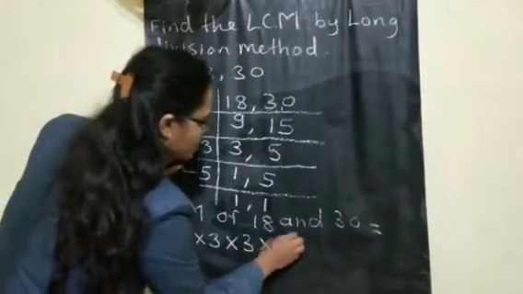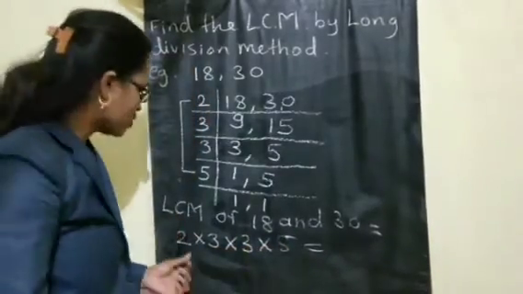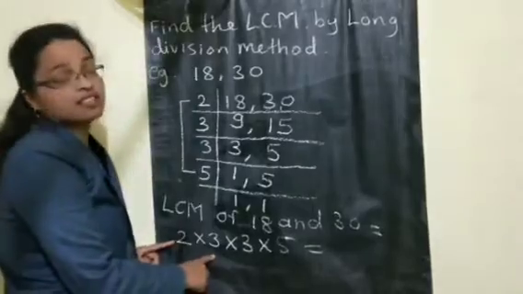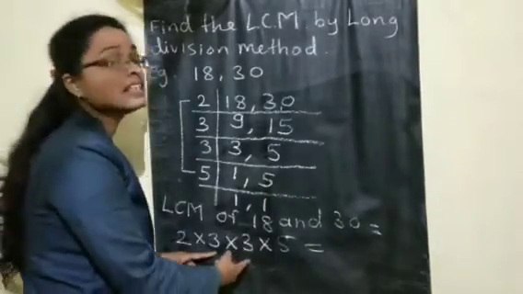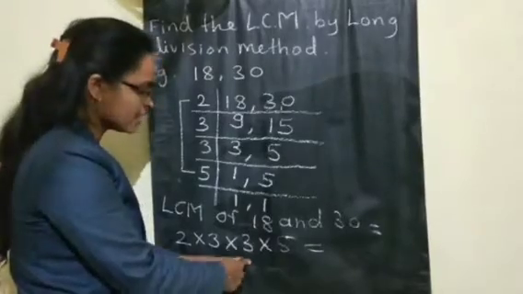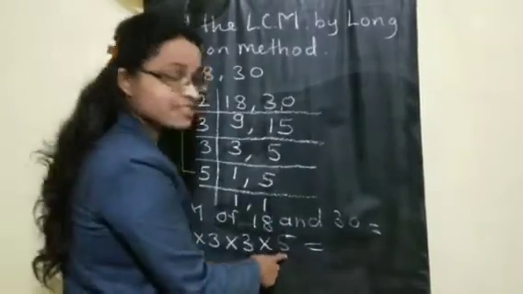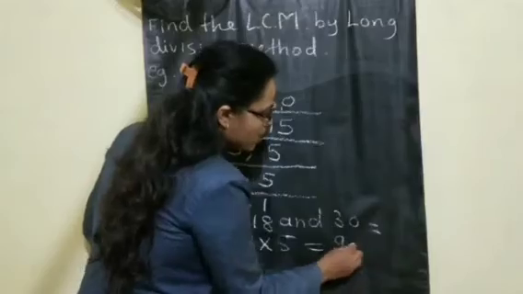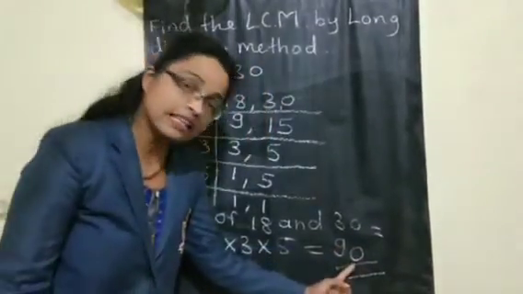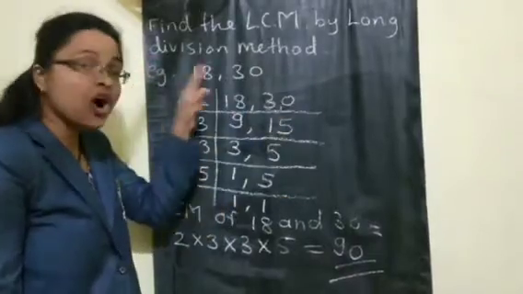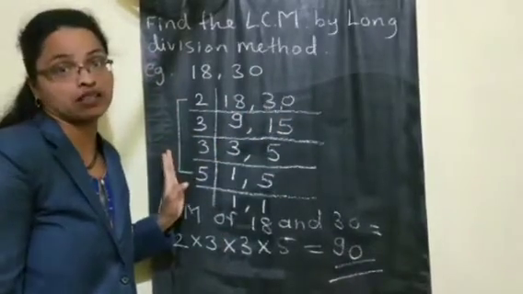So we have to multiply now. 2 3s are how much? 2 3s are 6. Then 6 3s are 18. 18 5s are 90. So, LCM of 18 and 30 is 90 by the long division method.